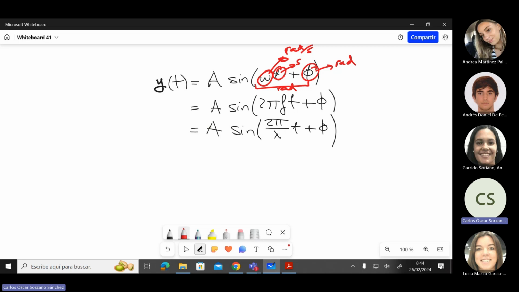And then what about this one? This one is in radians, so this is 1/s. And what about this one? It is the unit of lambda, seconds. So this is called the period or wavelength.